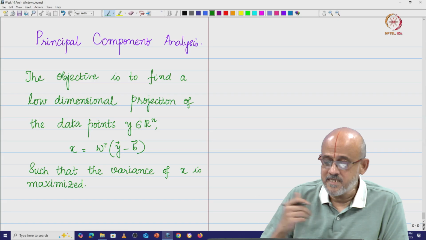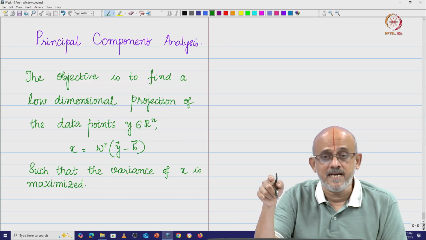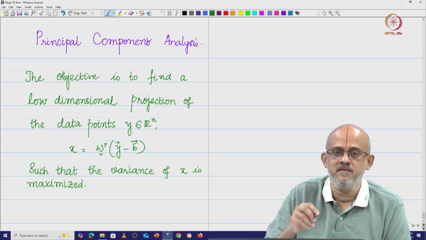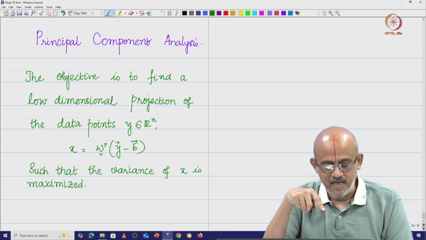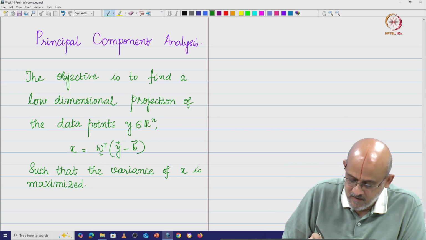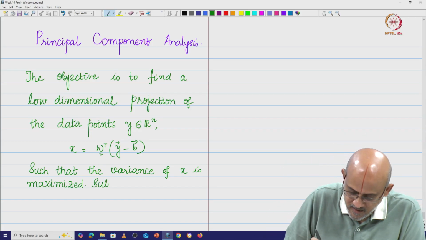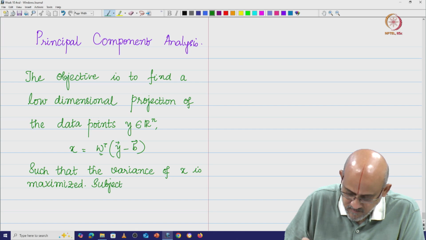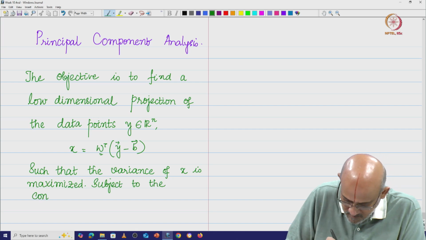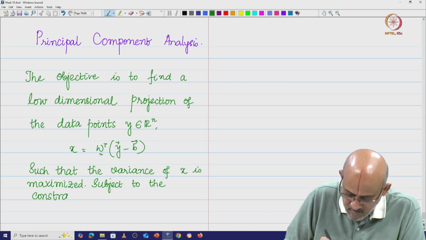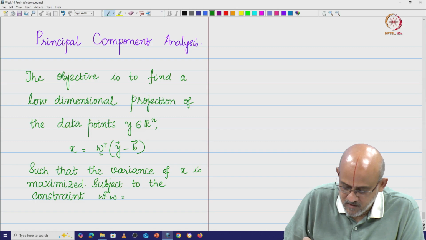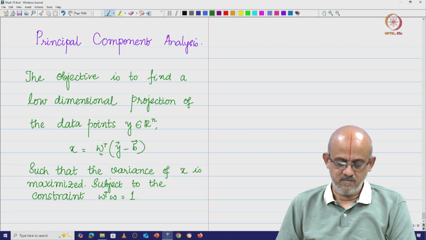And the constraint that we have here is you need to find that direction in which the variance is maximized. That means you need to figure out that W, which is the unit vector in whose direction this variance is maximized. So, subject to the constraint W transpose W is equal to 1.